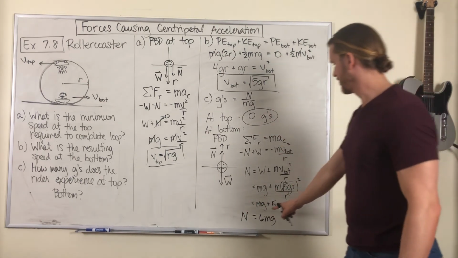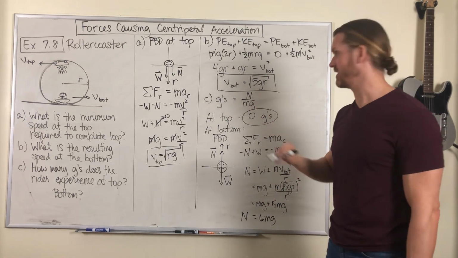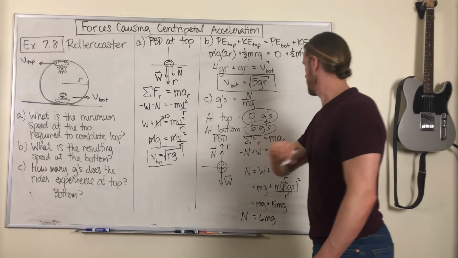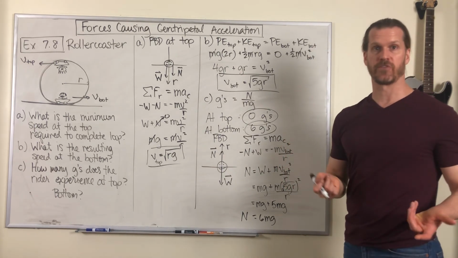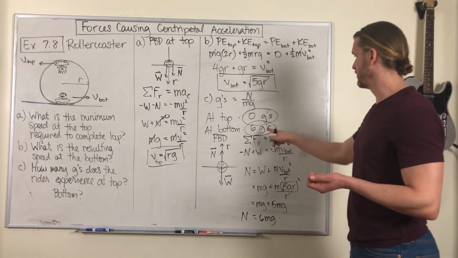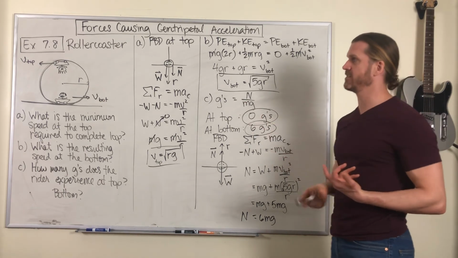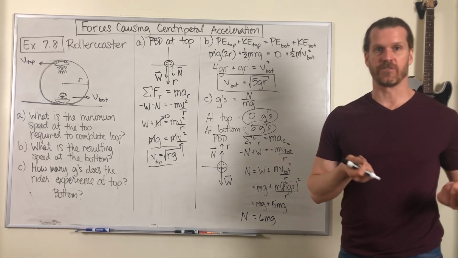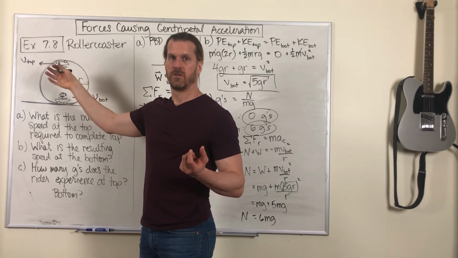And according to our definition of g's, normal force divided by mg is 6. So at the bottom, you're experiencing a force on your body 6 times what you are normally experiencing. You feel very crushed. So if you've ever ridden a ride like this, you know that at the top, you're weightless.